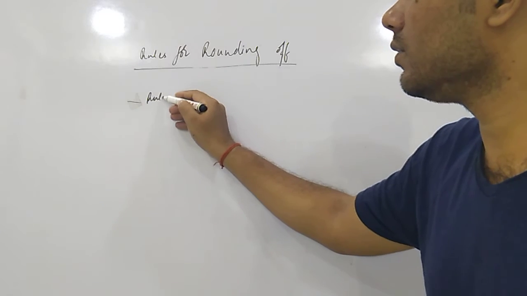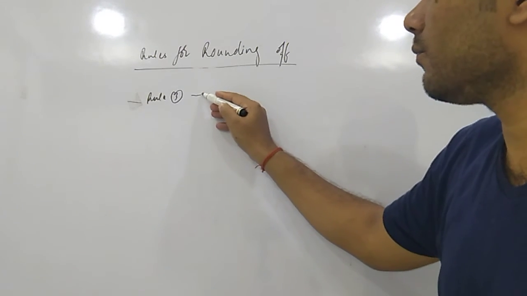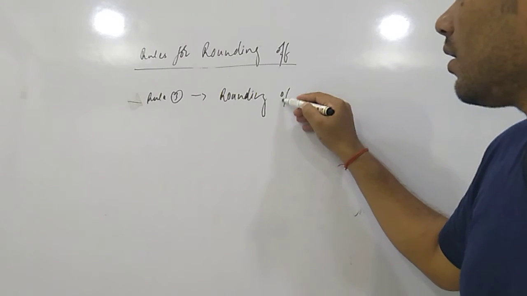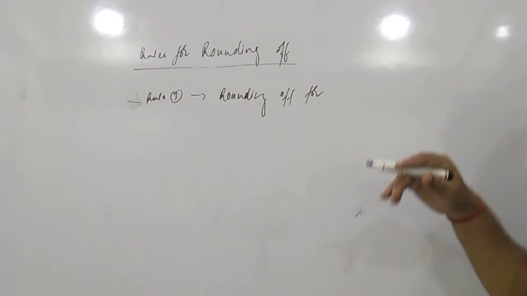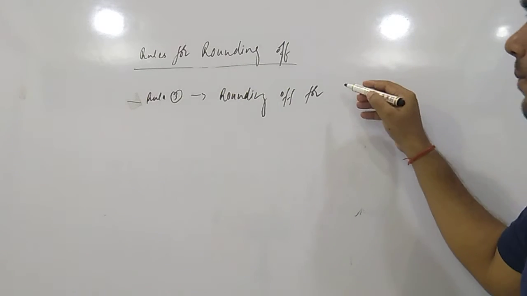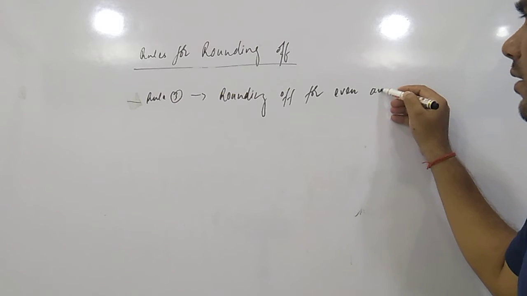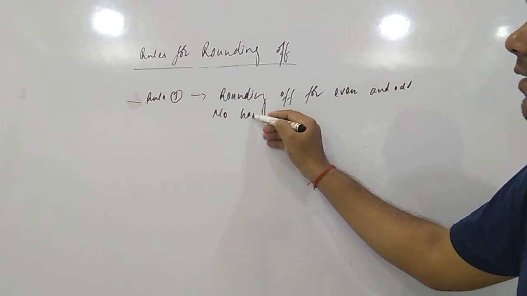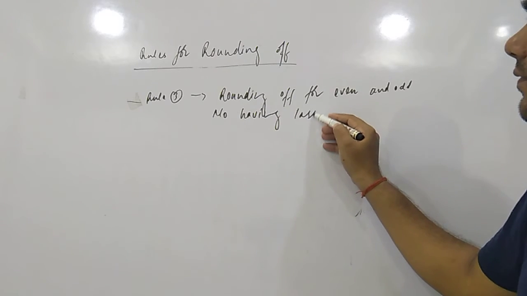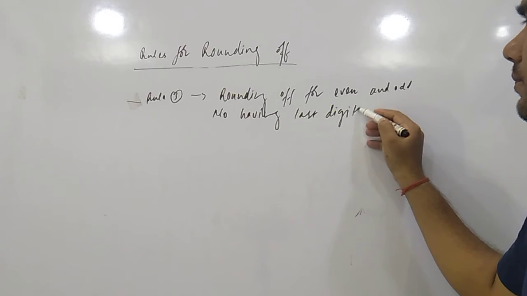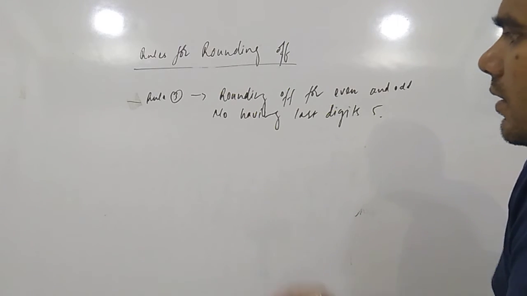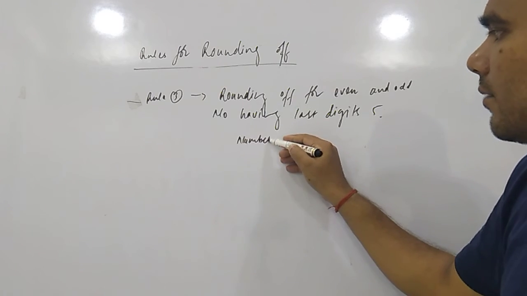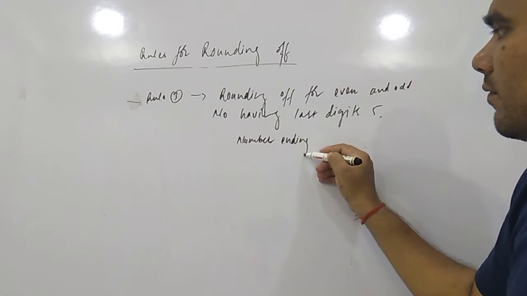So rule 3 is for rounding off even and odd numbers having last digit 5. So for rounding off, any number ending with 5.